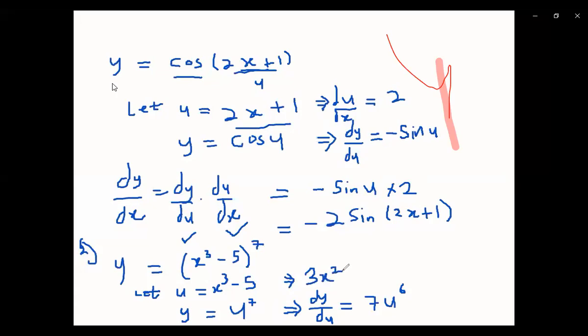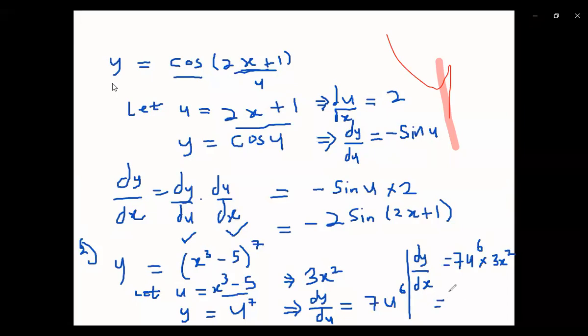Then after you are done, you do the multiplication. So dy/dx will be equal to dy/du, which is 7u to the power 6, times du/dx, which is 3x squared.